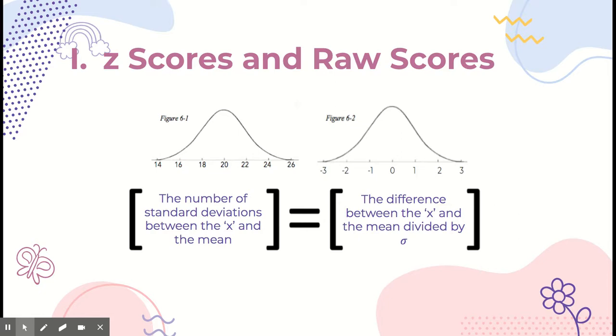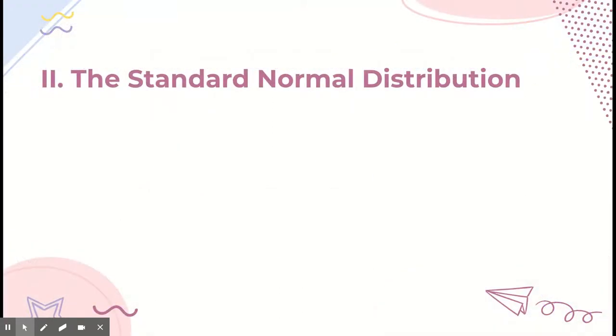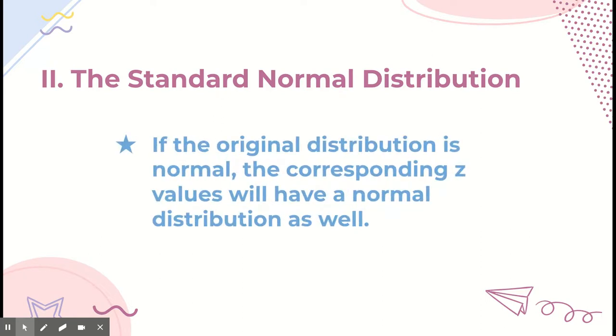So 26 minus 20 is 6, divided by the standard deviation, which is 2, is 3. And in the same place where 26 is, in figure 6.2, we have 3, which is 3 standard deviations from the mean. If the original distribution is normal, the corresponding z-values will have a normal distribution as well.